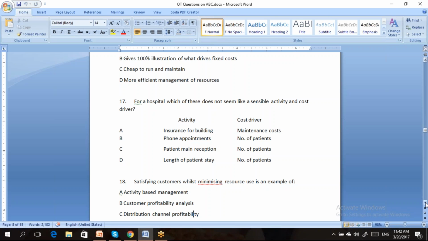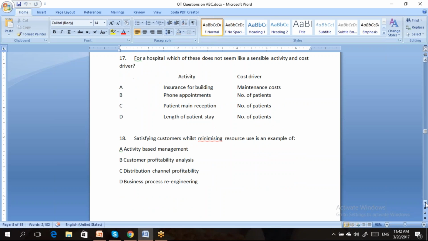Then we have 18. Satisfying customers whilst minimizing resources use is an example of, and they are given options. Your answer is B. Satisfying customers whilst minimizing resources use is an example of customer profitability analysis, activity-based management, distribution channel profitability, and business process re-engineering.